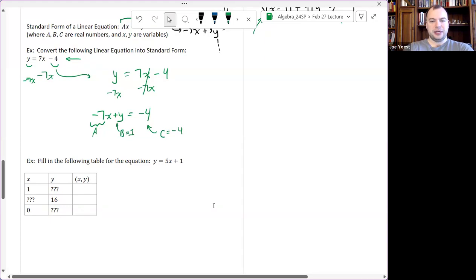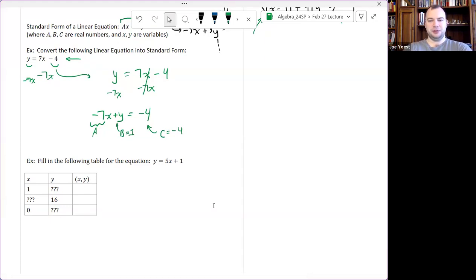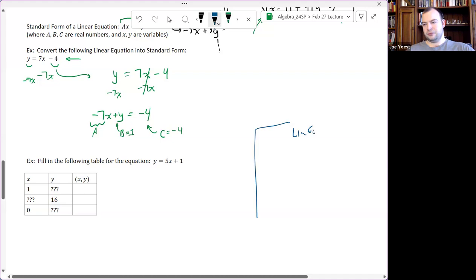So now let's look at solutions to linear equations in 2 variables. So first, remember what it means to be a solution to a linear equation in 1 variable.